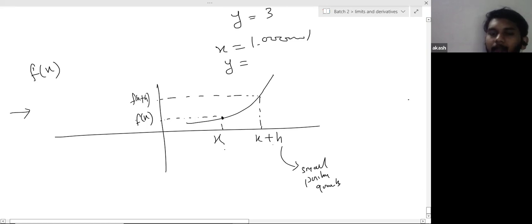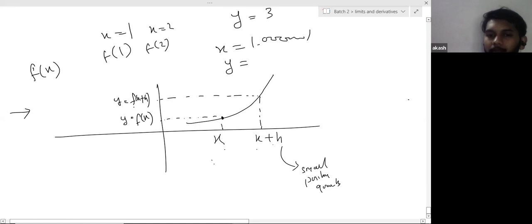x plus h, right? If you put x equals 1, then we try to find f of 1. If you put x equals 2, we try to find f of 2. So if you try to find x plus h, then we'll be writing this as f of x plus h. All right, and this is the value of y.